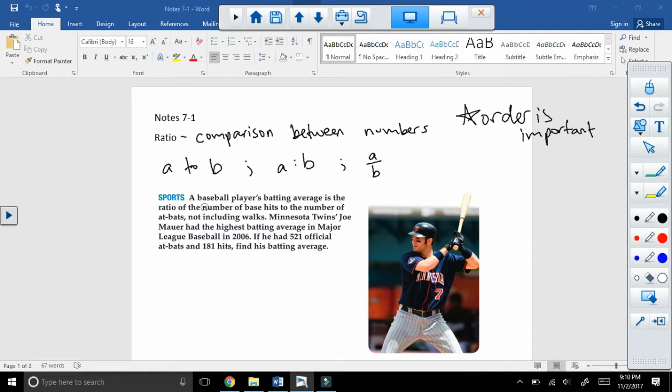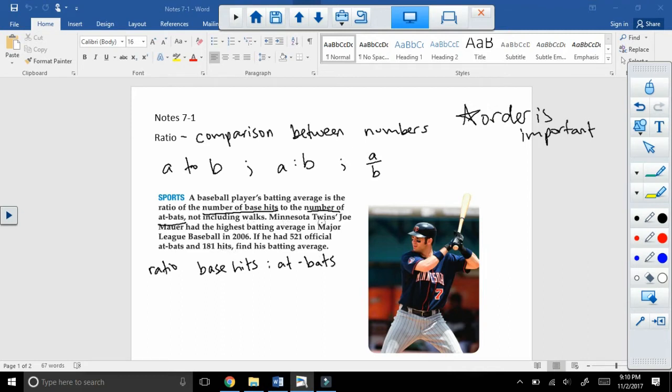This next one for you baseball players out there, a baseball example says the batting average is the ratio of the number of base hits to the number of at-bats. So the ratio is base hits to at-bats, not including walks.